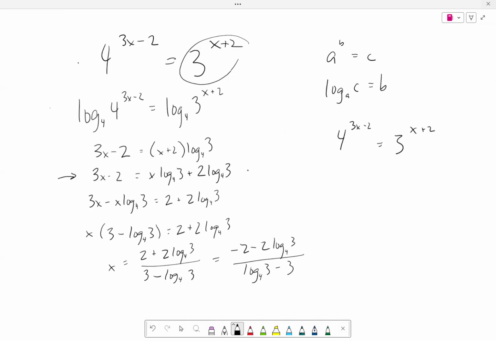So Haley chose base 4, and it seems like you chose ln, which is great. ln is great because you can use it on your calculator, and it's just 2 letters instead of 3 without writing the base. So if you do that, it would be ln of 4 to the 3x minus 2 equals ln of 3 to the x plus 2. And from here, both sides are ln, so we could take those exponents, move them all down, etc. Is that what you did? Yeah, that's great. So you could do it that way.